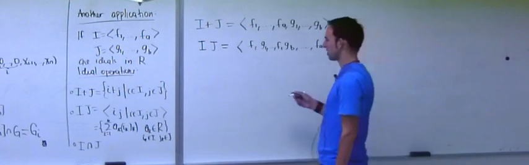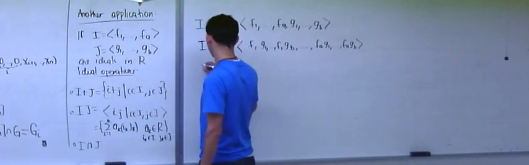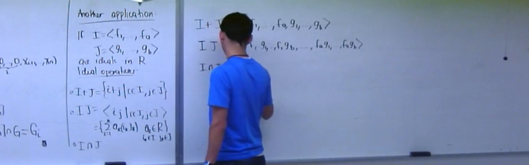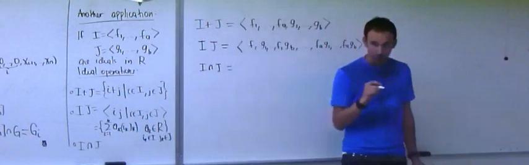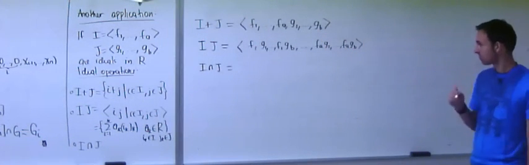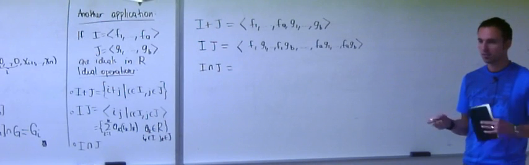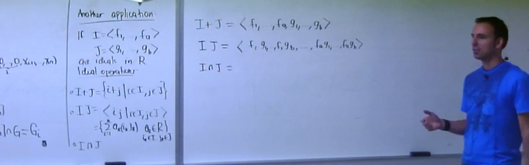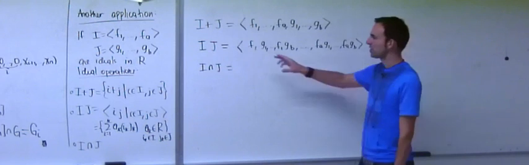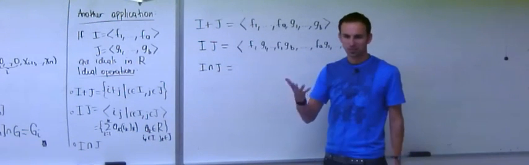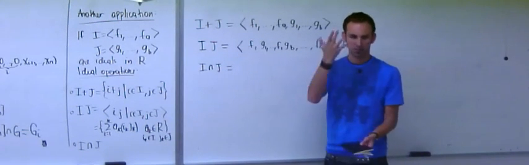What about the intersection? If you think about it, this is a lot harder, because somehow the starting point of these two guys is that you start building from I and J into bigger things.